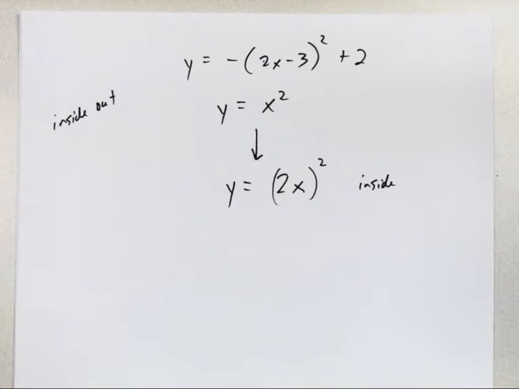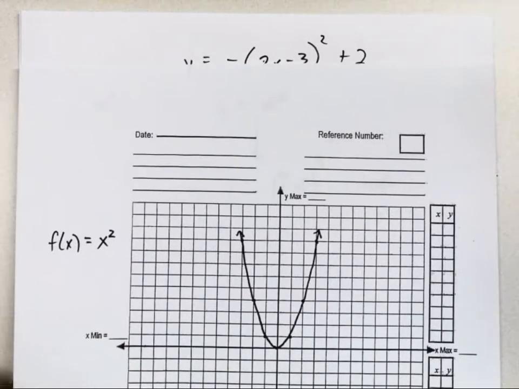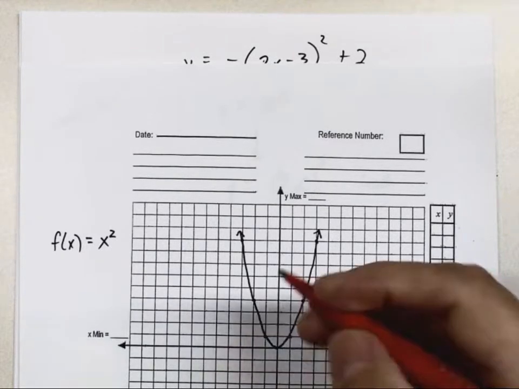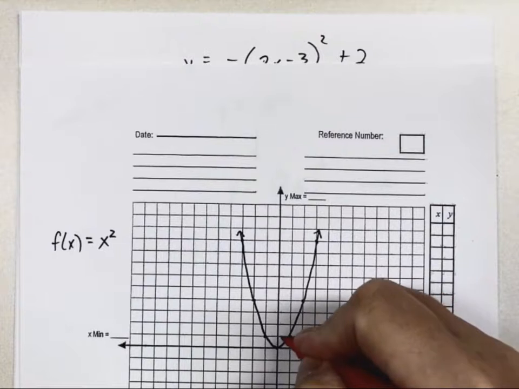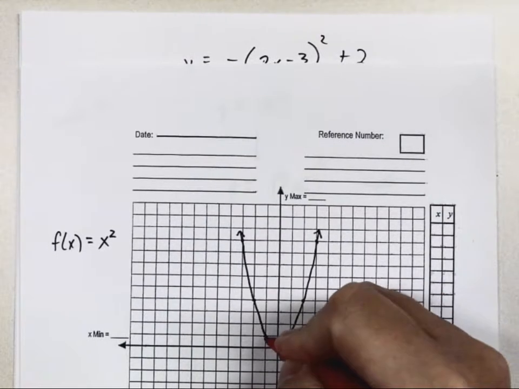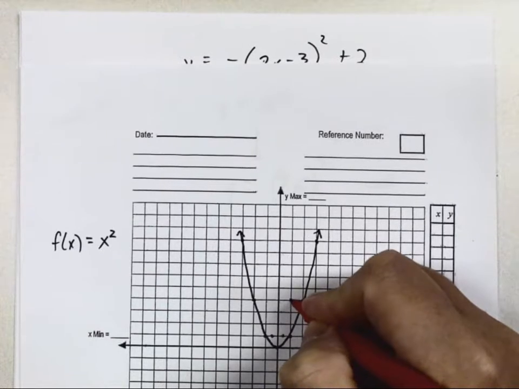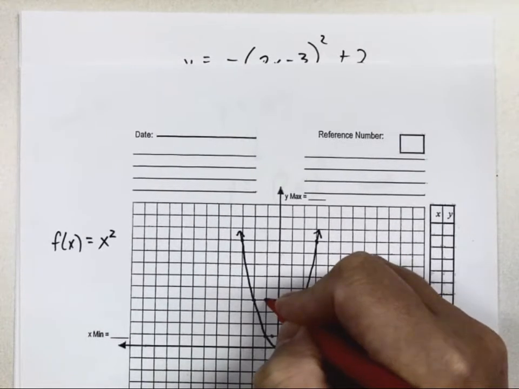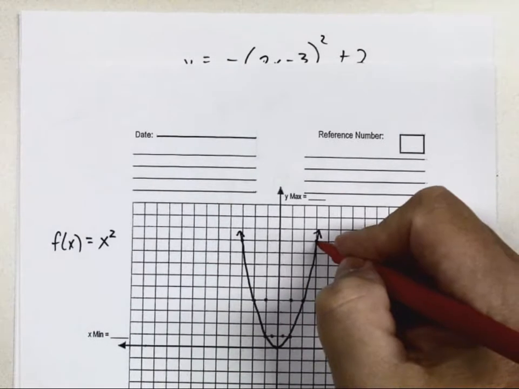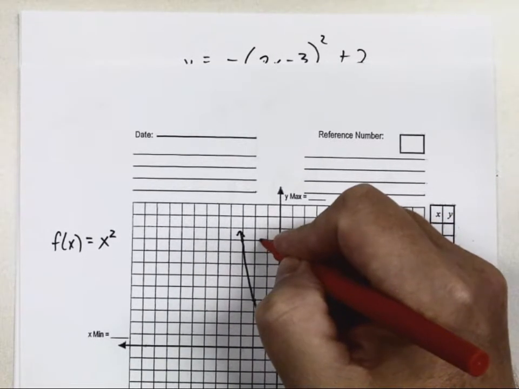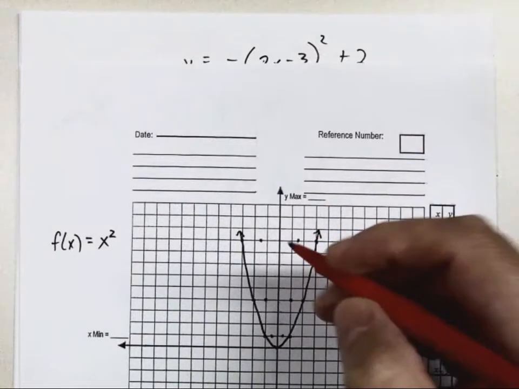So if I go to my graph, now it's like half the size, which means if this is here, it goes here. This is here, it goes here. Maybe this point goes to here. So it's going to become a lot narrower because I'm making it half as wide.